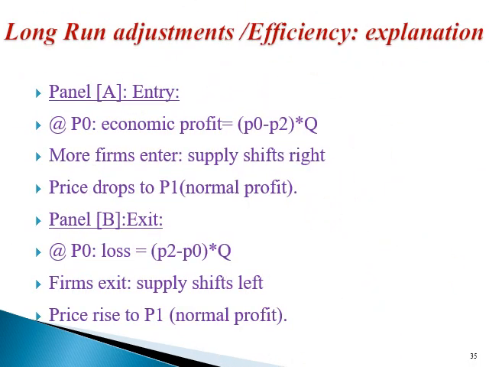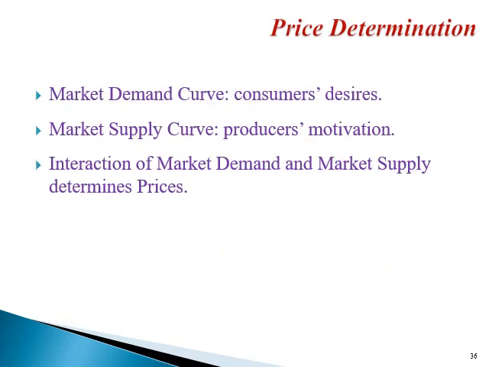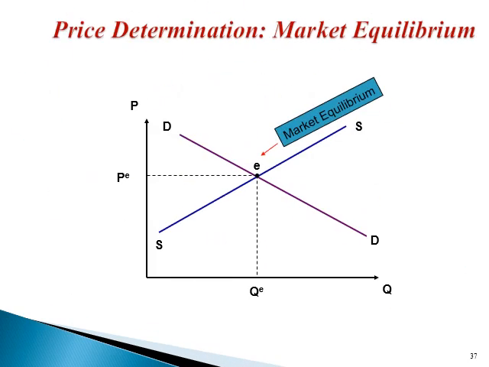Again, this is what I just said. How prices are determined, I kept saying output price, market price. When market demand that shows consumers' desires intersects with market supply that shows producers' motivation, we get equilibrium price and quantity that is shown right here.